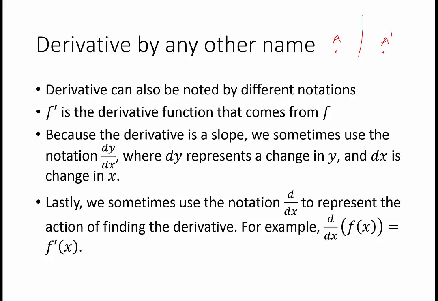And we could say in here, I am having the action of taking the derivative of f. And when I do that, I get f prime. So we have a couple different ways to talk about the derivative as a noun. These are both nouns. But this particular thing, we're going to call the verb, the action of taking the derivative.